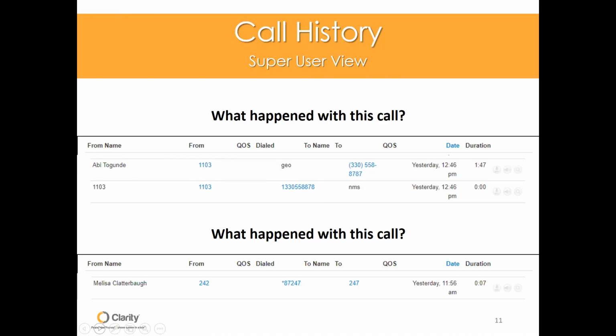He was flashing red and she pressed his to pick up. So star 87 is to pick up a call. Any customer could have this in their call history if you set up ARLs for them. If they just push the ARL, that's just an internal call. But if a call is ringing that extension and it's flashing red and they push that button, they're actually picking up that call.